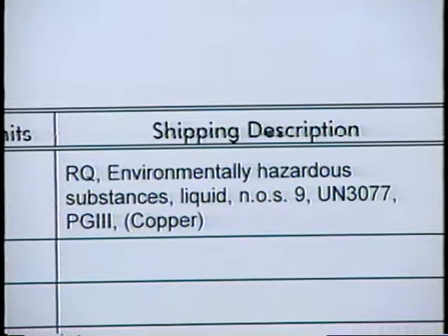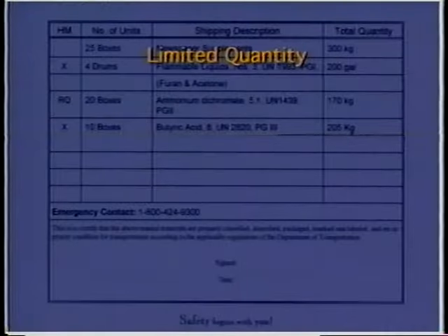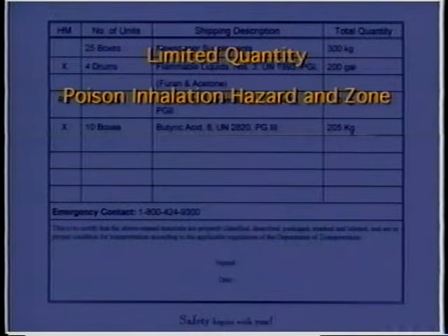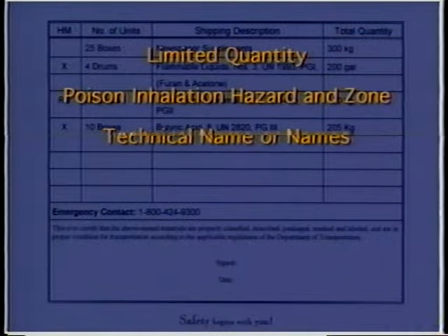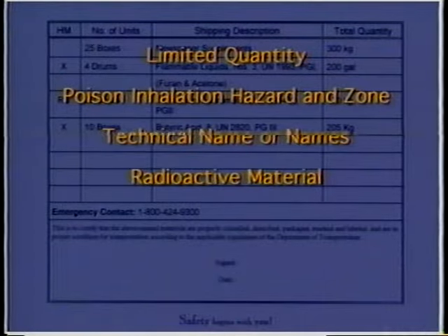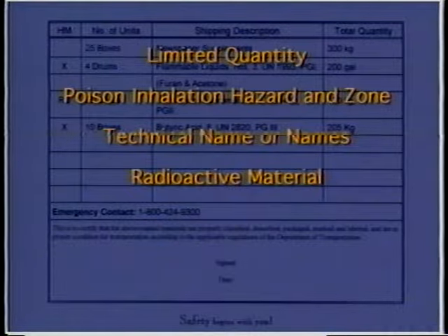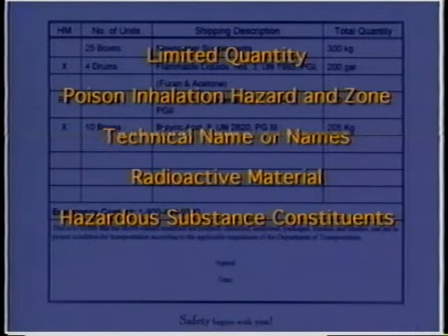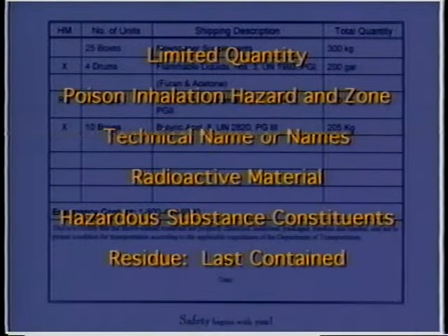Other additional information which may be required on the shipping paper includes limited quantity, poison inhalation hazard, and zone A, B, C, or D as appropriate, technical name or names of contents, radioactive material, hazardous substance constituents, and residue last contained.